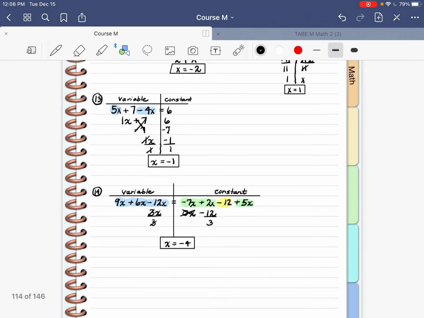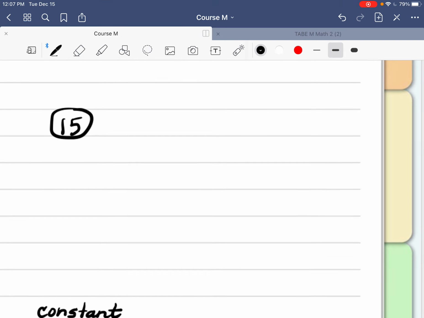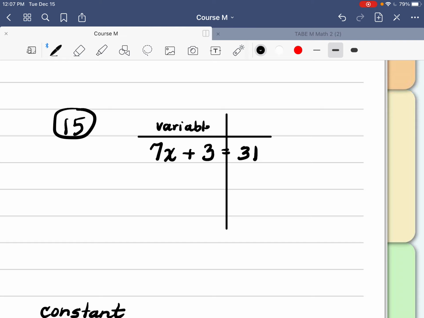Okay, number 15. I think I'm going to put it right up here. I'm trying to save space in my notebook. So number 15 is 7x plus 3 equals 31. So draw the power t. You only have one variable term, so we'll make this the variable side.